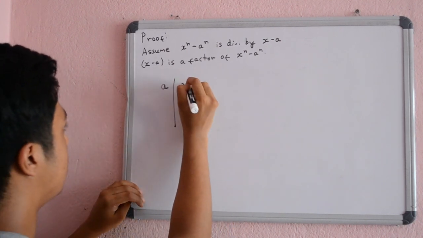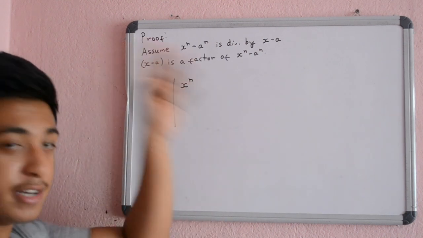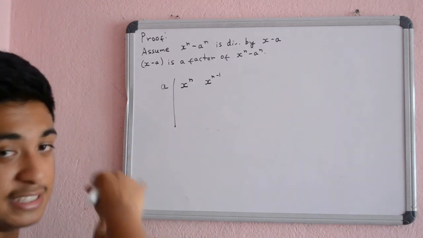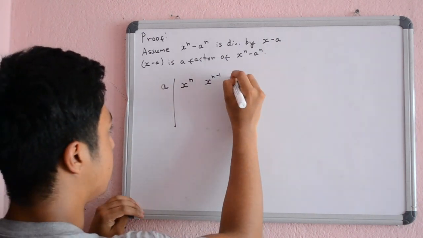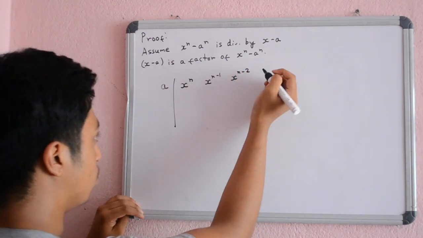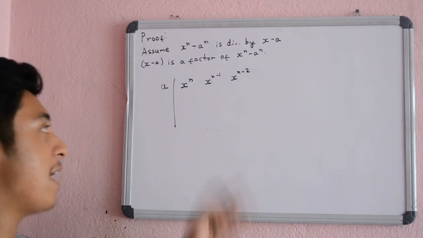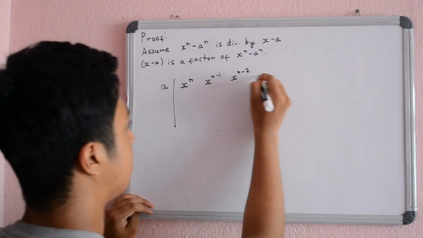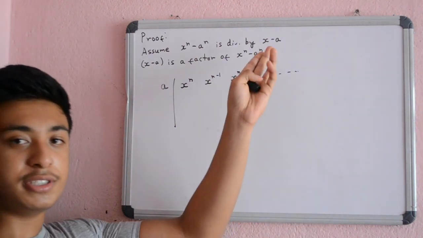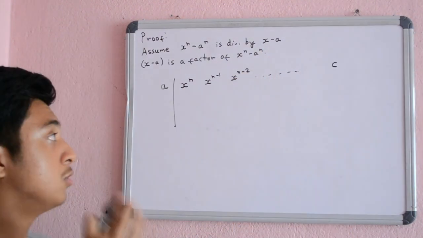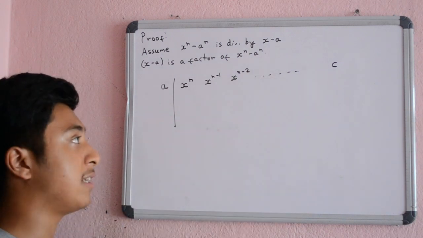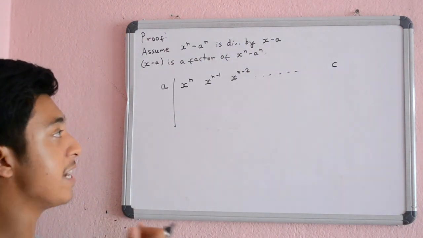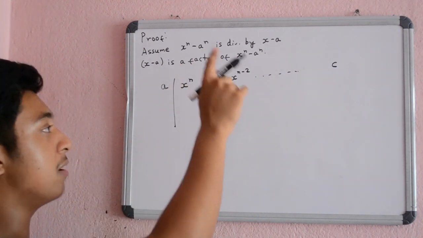We'll first have x to the power n, and the next power will be x to the power n minus 1, since it's decreasing, and then x to the power n minus 2, x to the power n minus 3, x to the power n minus 4, and so on until finally you'll have the constant. We'll write c first, which stands for constant, and then below it we'll write minus a to the power n.